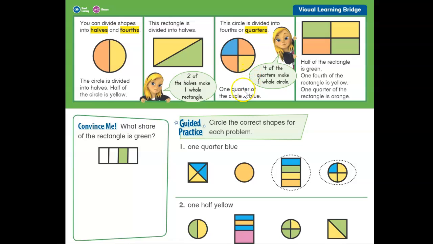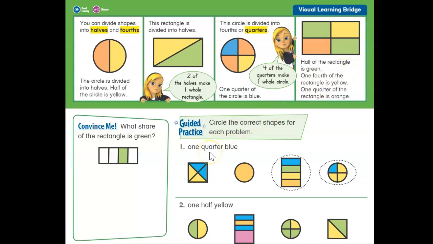It's just another way of saying 1/4. 2/4 are kind of that peachy red color. And here it's showing you again. 1/4 of this rectangle is peachy. The other one, 1/4 is yellow, and 2/4 are green.